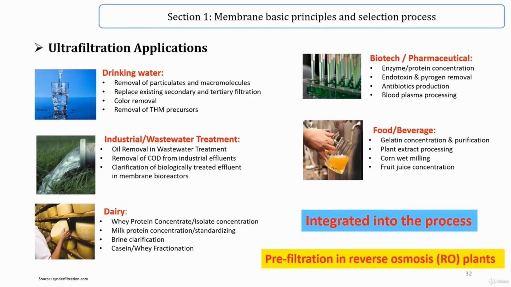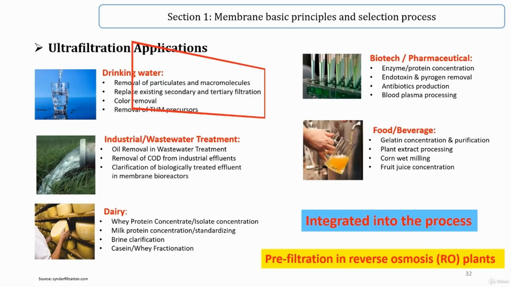Ultrafiltration applications. In this slide, some ultrafiltration applications are presented, and as you can see, in addition to water and wastewater treatment, industries such as dairy, chemical, pharmaceutical manufacturing, and food and beverage processing employ ultrafiltration in order to recycle flow or add value to later products.